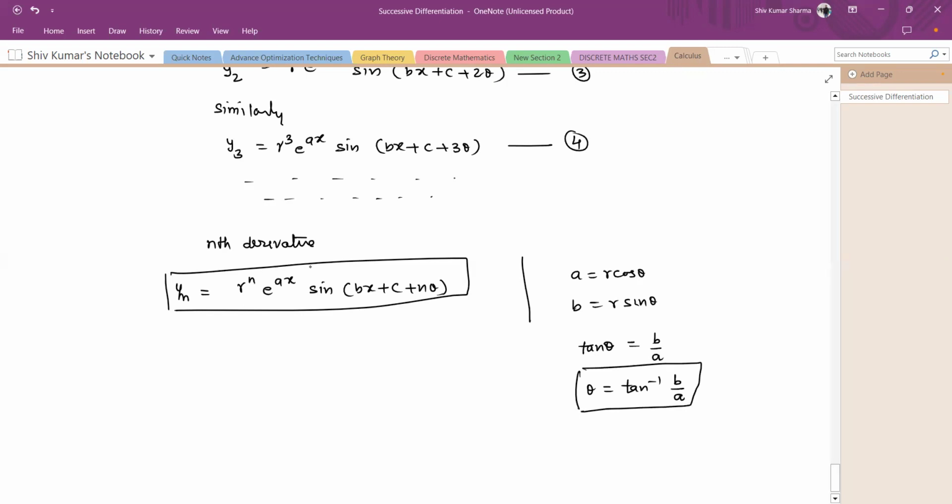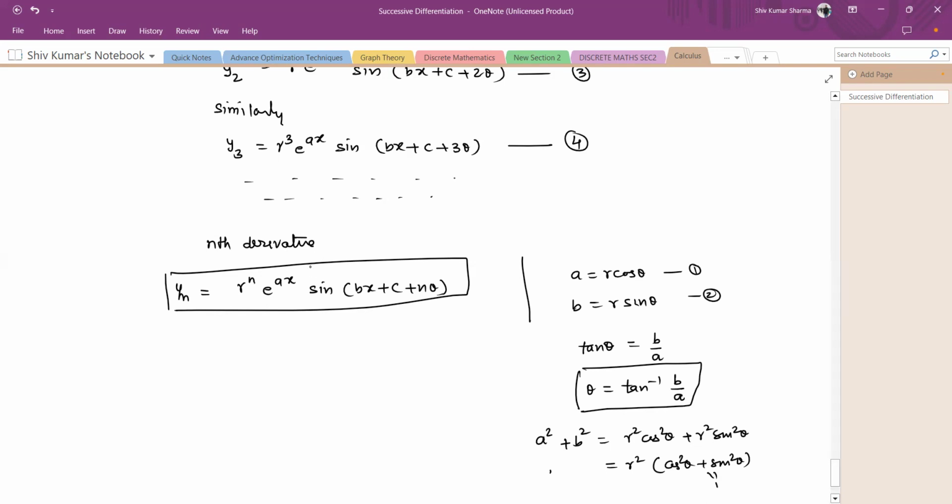And for the value of r, we write this as squaring and adding. This is equation number 1 and this is equation number 2. Squaring and adding both equations, this gives us a square plus b square is equal to r square cos square theta plus r square sin square theta. We take r square as common, so cos square theta plus sin square theta is equal to 1.